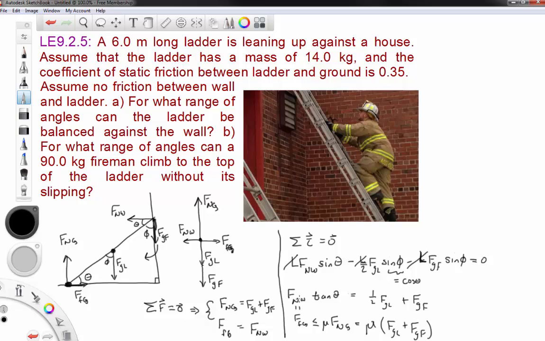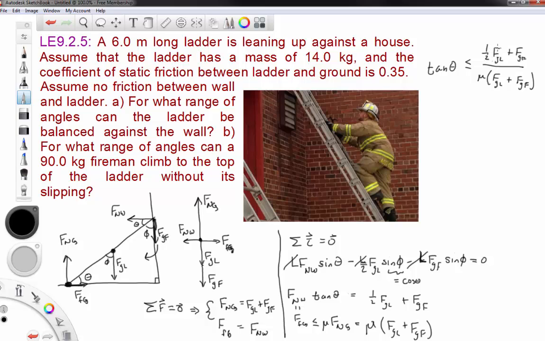So we're going to want to divide this term from both sides, and what we end up with is that the tangent of theta needs to be less than or equal to, that would be this substitution, 1/2 of the weight of the ladder plus the weight of the firefighter divided by mu, the coefficient of friction, times just simply the weight of the ladder plus the weight of the firefighter.